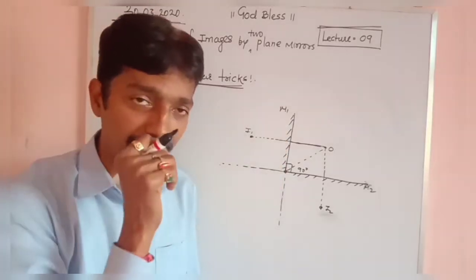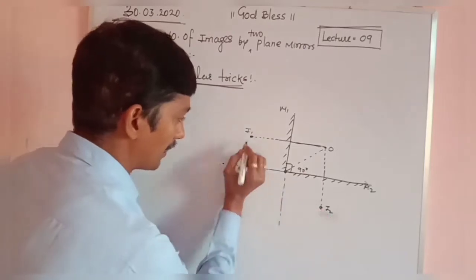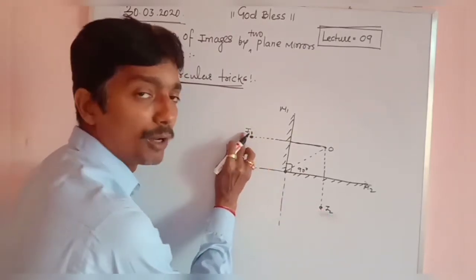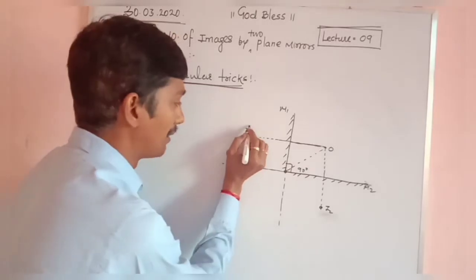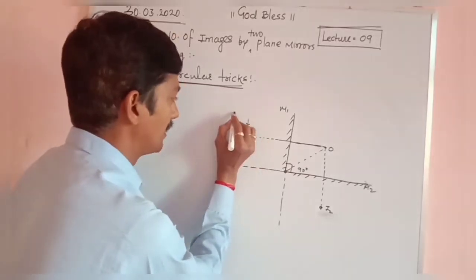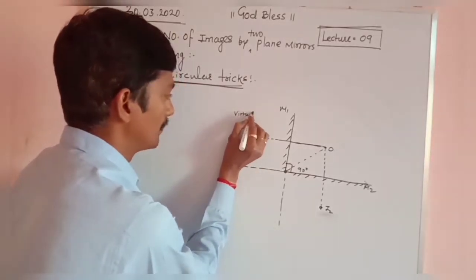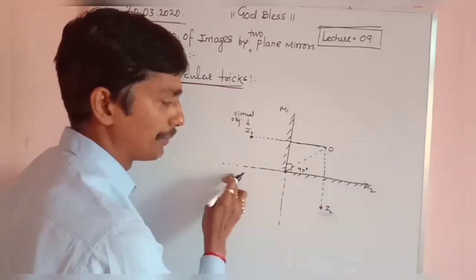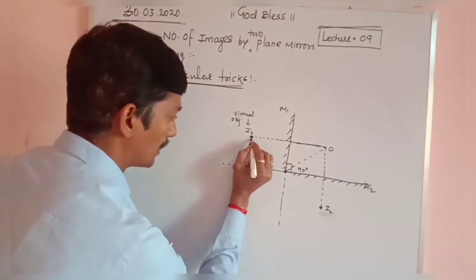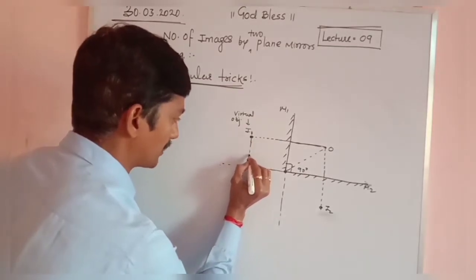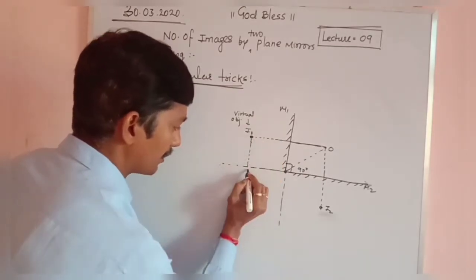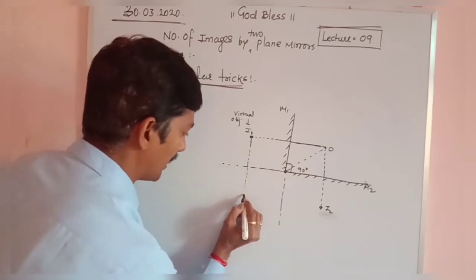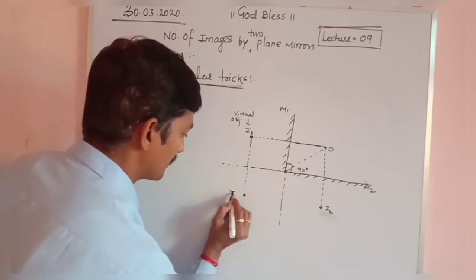If you remember from yesterday, the image I1 now acts as the virtual object for mirror M2, and it is at this much distance from mirror M2. So mirror M2 will form the image of this image, here, I3.